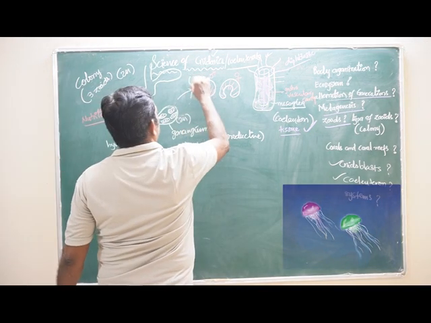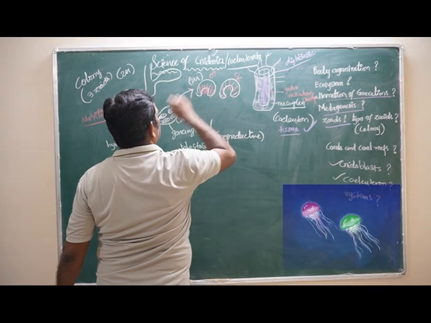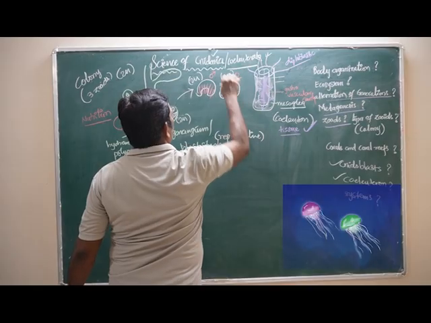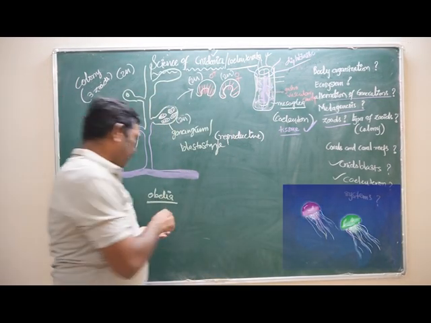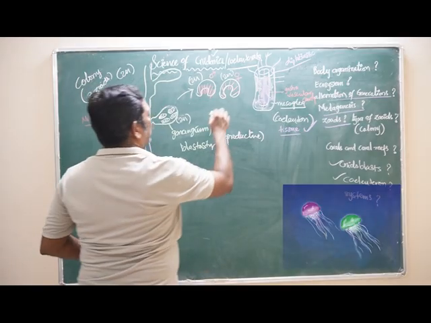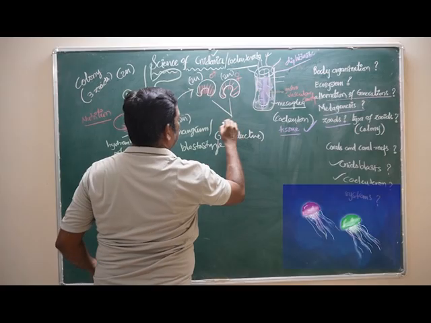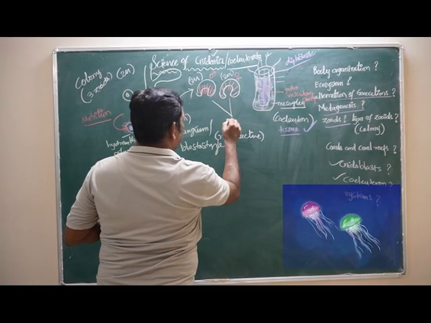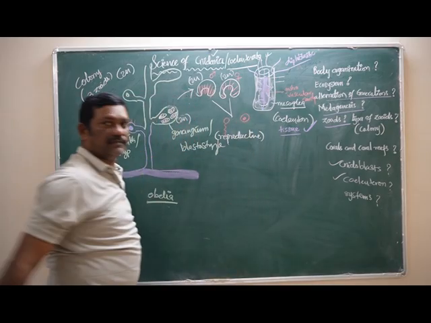Either male or female Medusa are in diploid state. Now what is happening? From these male Medusa and female Medusa, sperm cells and egg cells are developed.